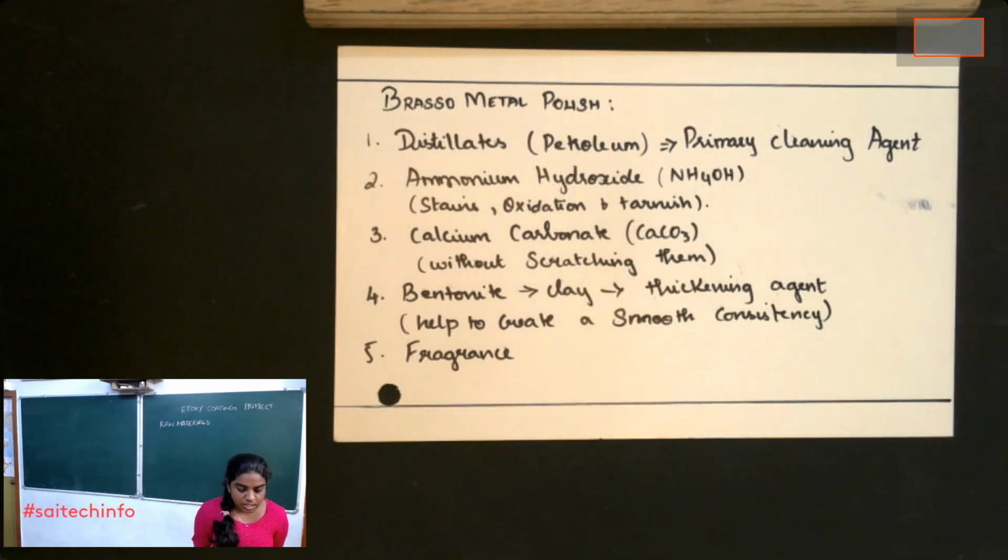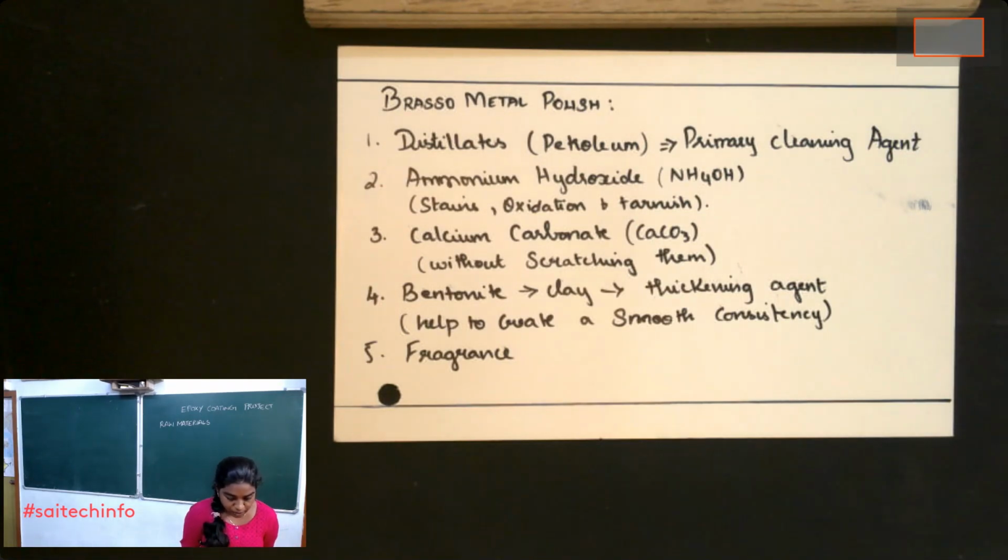And the next one is ammonium hydroxide, whose chemical formula is NH4OH, and it will remove the stains, oxidation and tarnish from the surface of the metal. And the next one is calcium carbonate. Its chemical formula is CaCO3. It is also useful in removing the stains, oxidation and tarnish without scratching the metal surface.